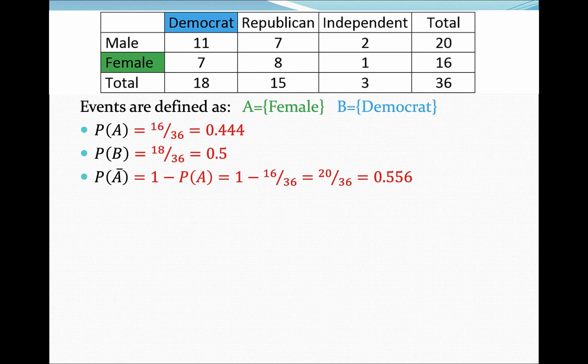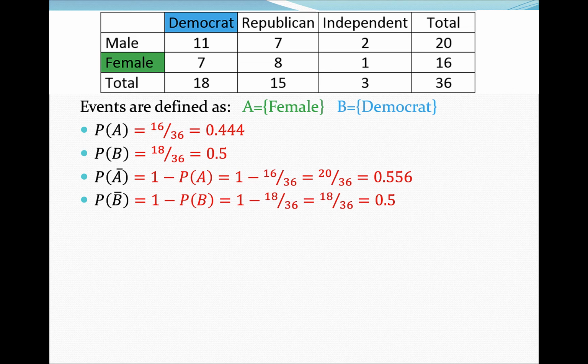The probability of B complement, so there are 18 people that identified as Democrat. There are 18 people that did not, because 15 Republican and 3 independents gives us 18 that did not. We can also just take 1 minus that 0.5. We get 1 minus 18 over 36, which is also going to give us 0.5 here. So that is the complement of an event.